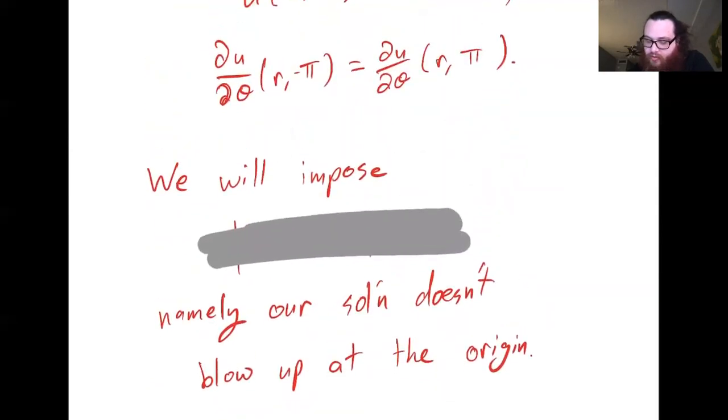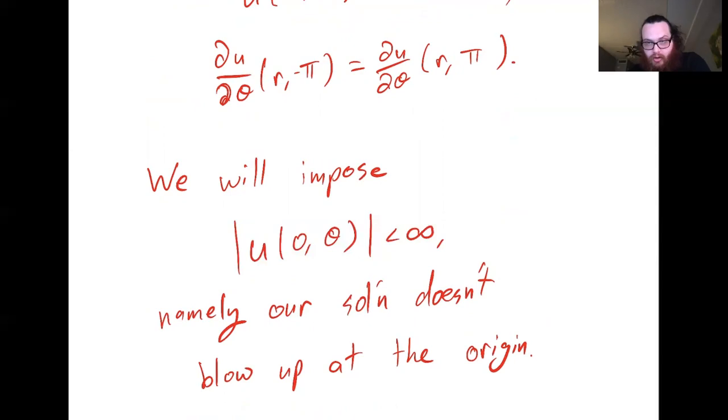The condition that we'll actually impose will be that whatever the value is at 0, that is finite. And you might think, well, that's obvious. If you have an equilibrium heat distribution, or in general, anything physical, your solution is not going to blow up. You're not going to get some sort of singularity, which intuition says, sure. So it turns out that's what we'll impose.